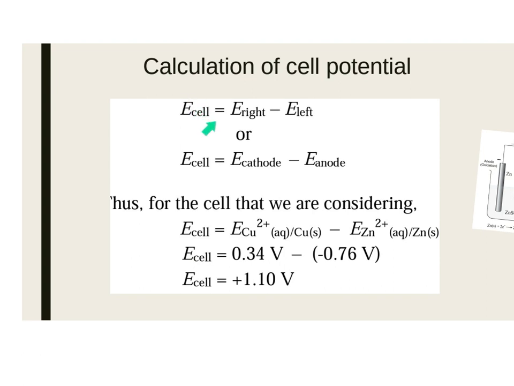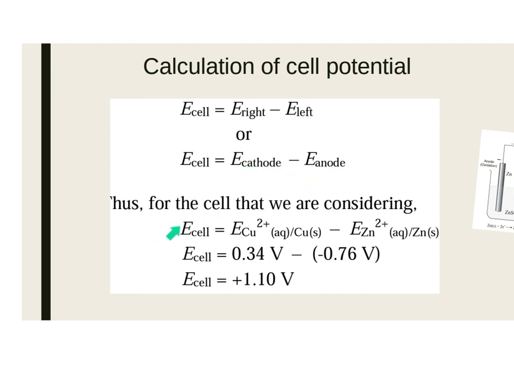E cell is equal to E right minus E left, or E cell is equal to E cathode minus E anode. I said on the right side reduction happens, that means the cathode is the right side electrode and the other one is the anode, right?